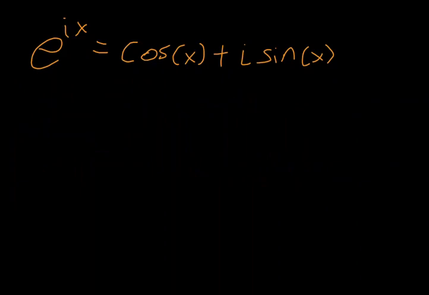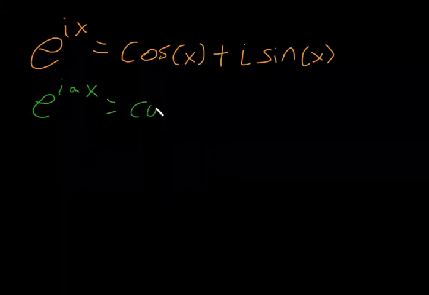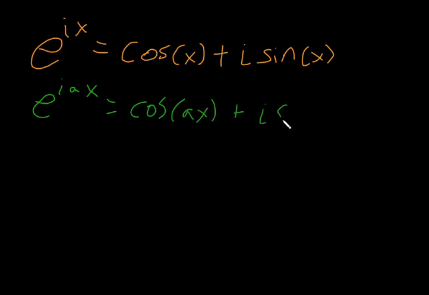So just to rewrite what I just erased, I've got e to the iax equals cosine of ax plus i sine of ax.